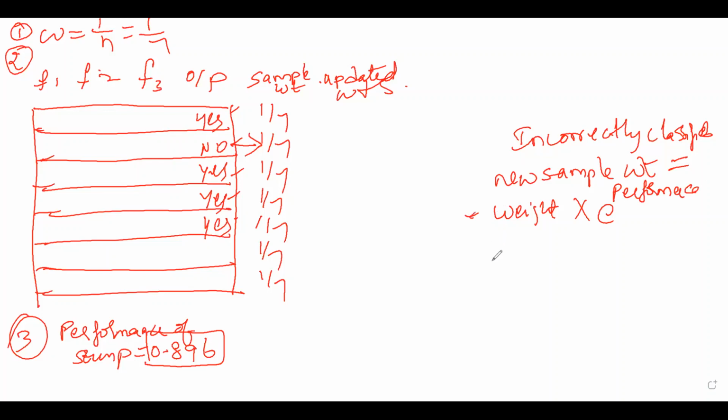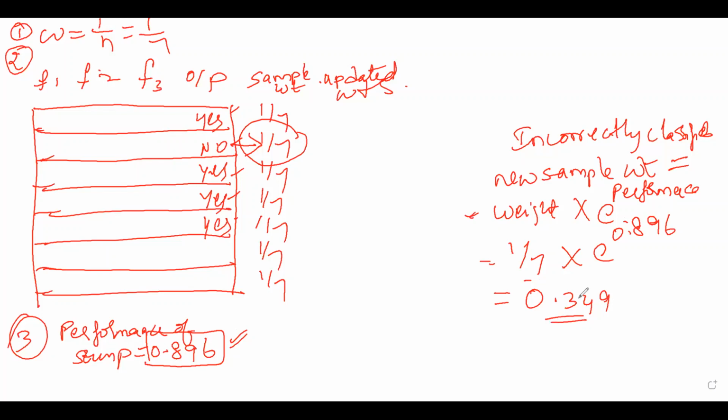So the weight of the incorrect one is 1 by 7. So 1 by 7 into e power, what is the performance we got? 0.896. If we calculate, we get 0.349 as the answer. So the updated weight for the incorrectly classified data is 0.349.